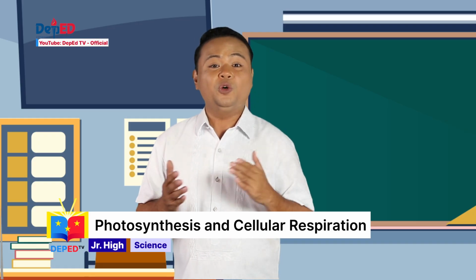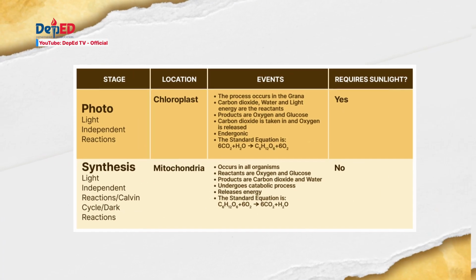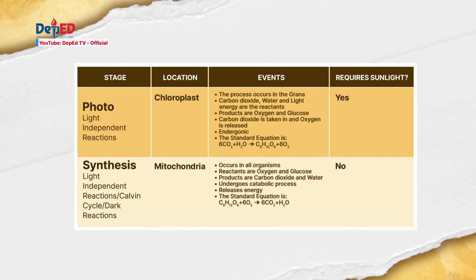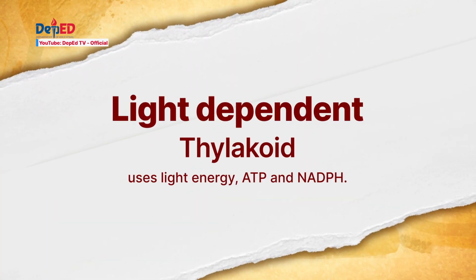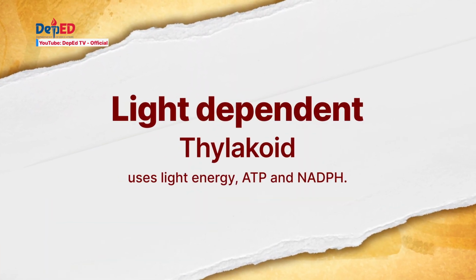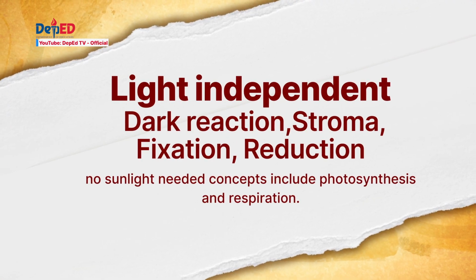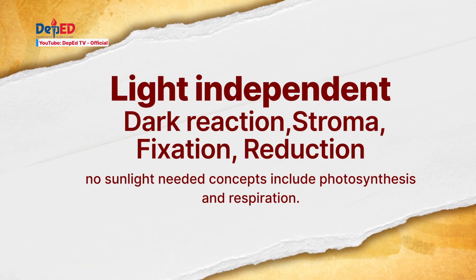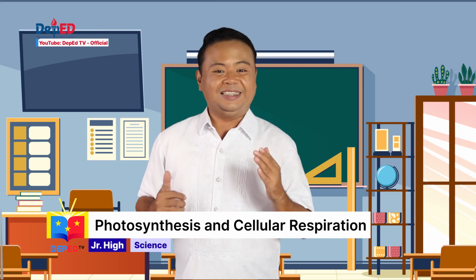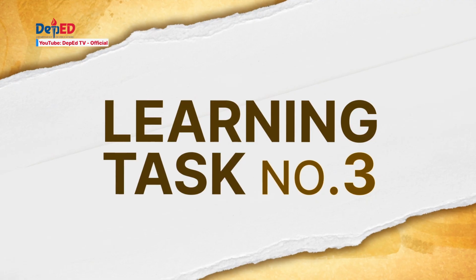Go ahead, you will also label it properly. Light-dependent, thylakoid, uses light energy, ATP and NADPH. And the light-independent or dark reaction, stroma, fixation, reduction, no sunlight needed. Concepts include photosynthesis and respiration. Good job! Now, we will proceed to learning task number 3.